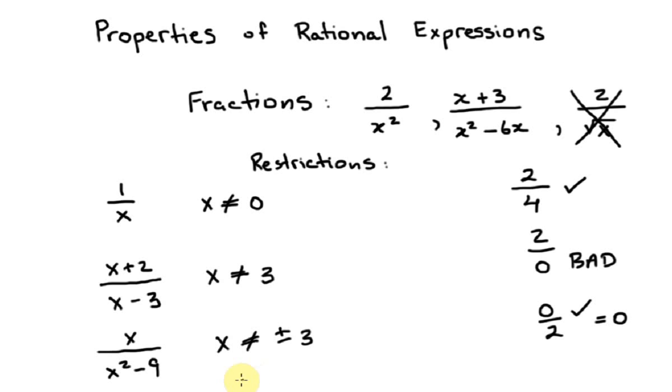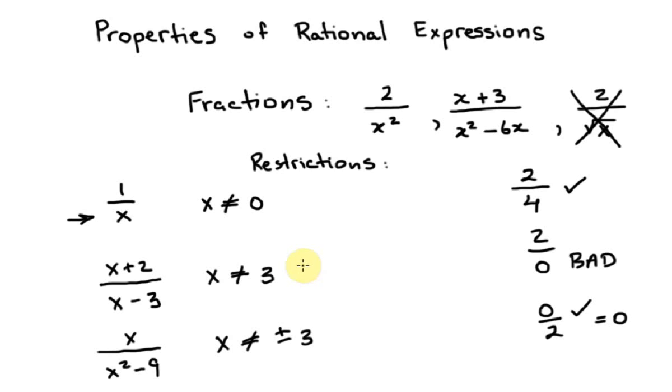So those are bad. That's what we mean by restrictions. When you look at these rational expressions, you look at the denominators, and you don't want the denominator to turn to 0. So these are the places that x should not be allowed to equal.